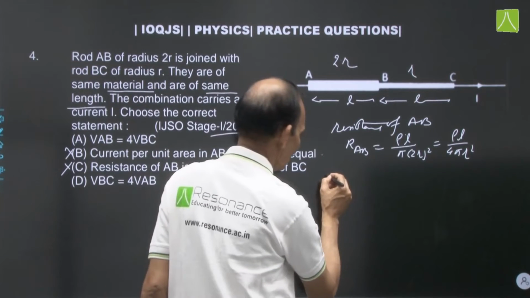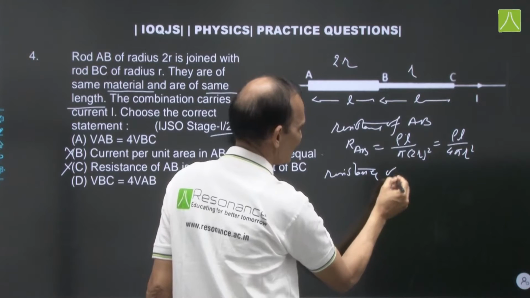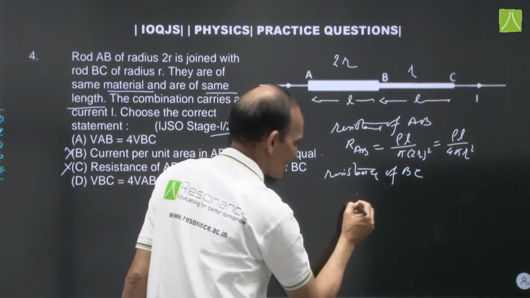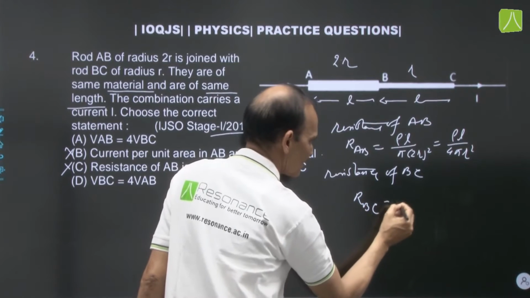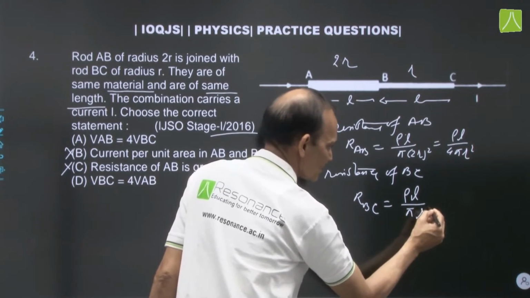Now the resistance of BC: its area is R, length is same, so R BC will be rho, same L, upon pi R square.